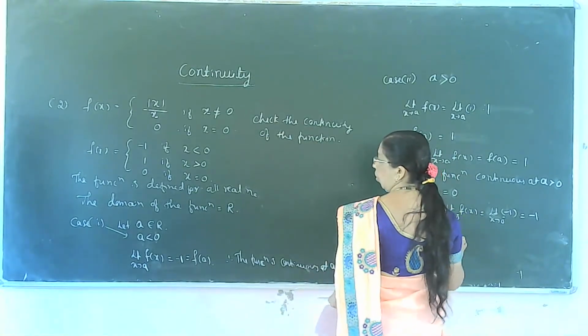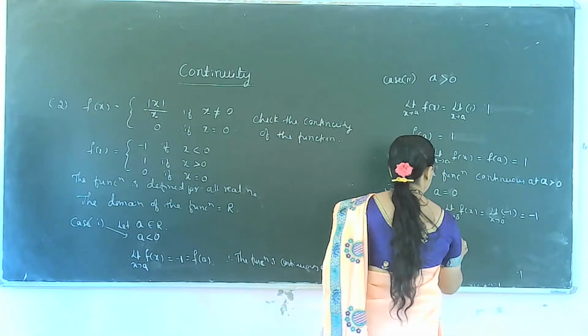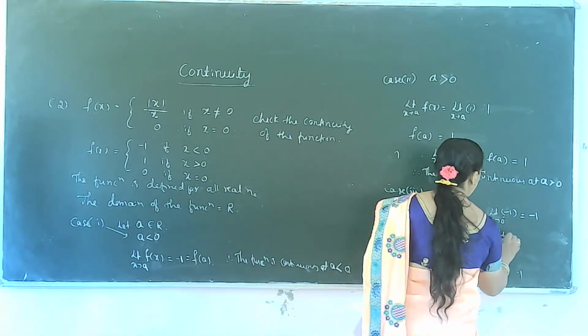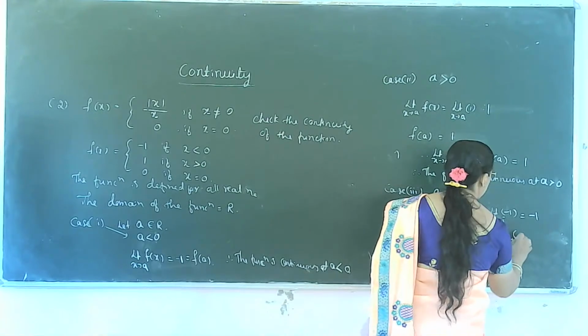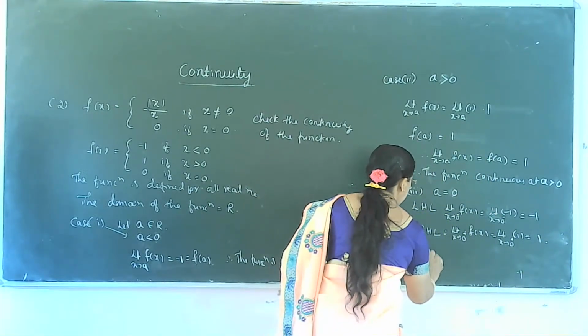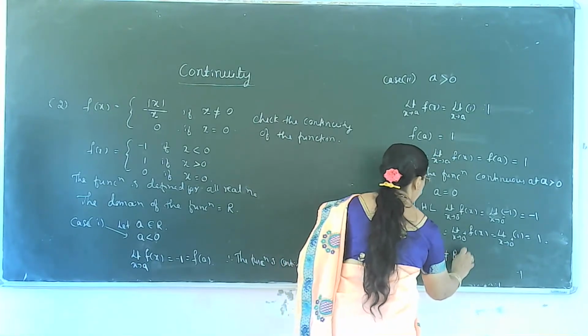RHL is equal to limit of x tends to 0 plus f of x, which is equal to limit of x tends to 0 plus x divided by x, which is plus 1. Therefore, our LHL is not equal to RHL.